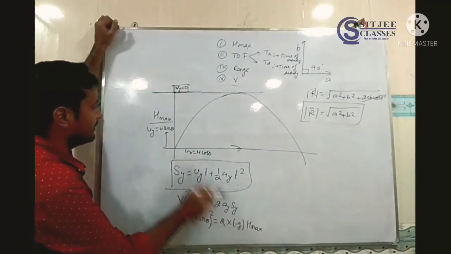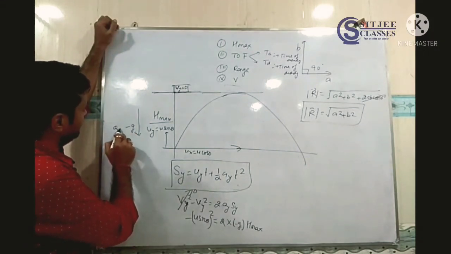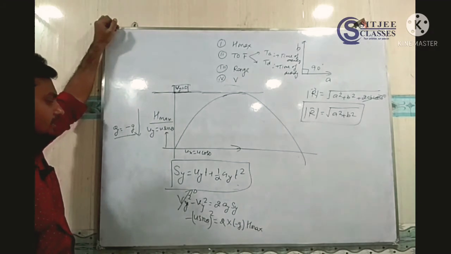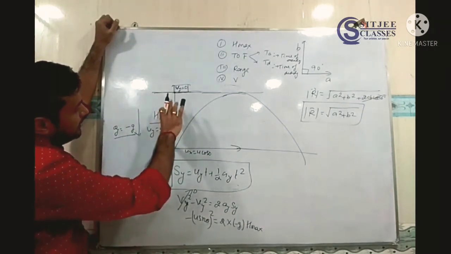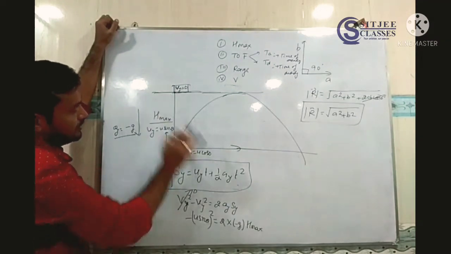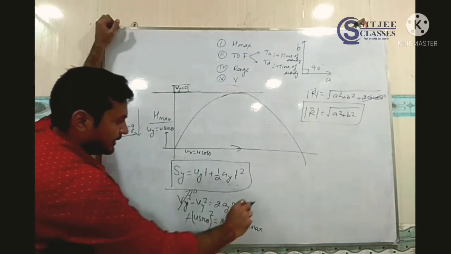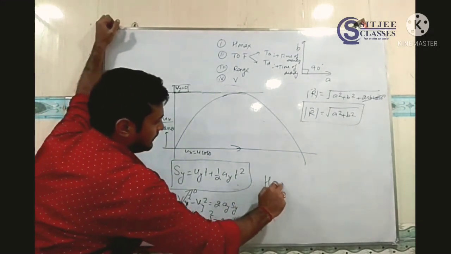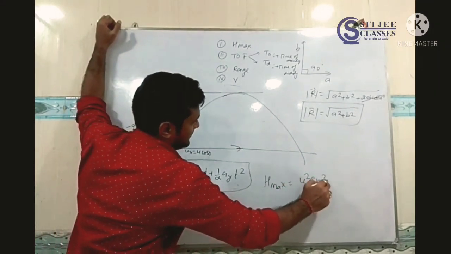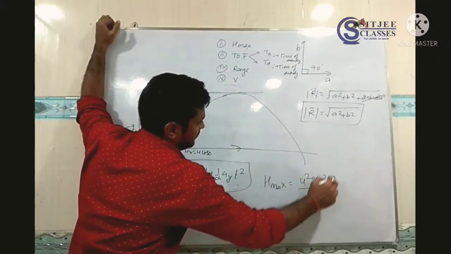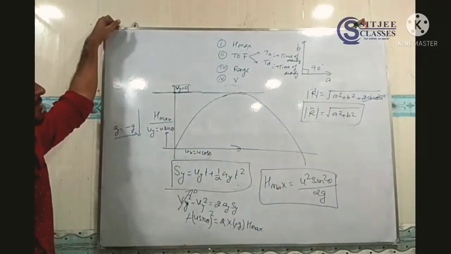Why am I taking minus g? Already I have told you that the y direction acceleration is downward, which is minus g. H max is displacement in this direction. Whatever distance it has covered, we are going to take as displacement. Let us cancel this, and from here we will get H max equal to u square sin square theta divided by 2g. This is your first part of that.